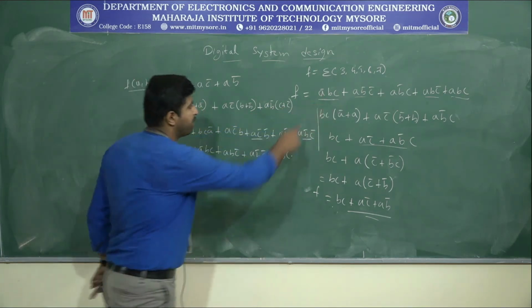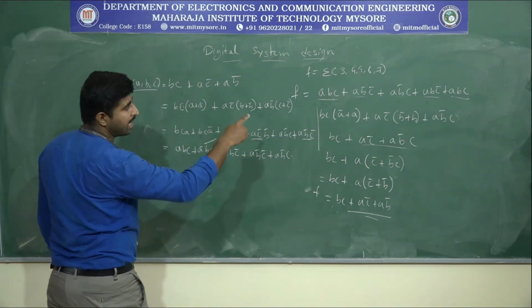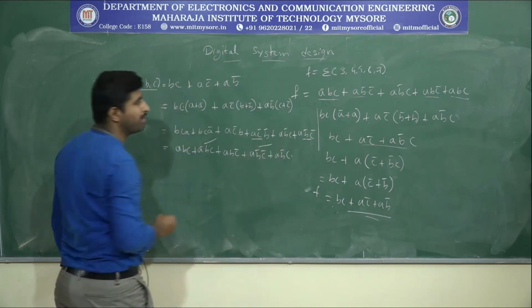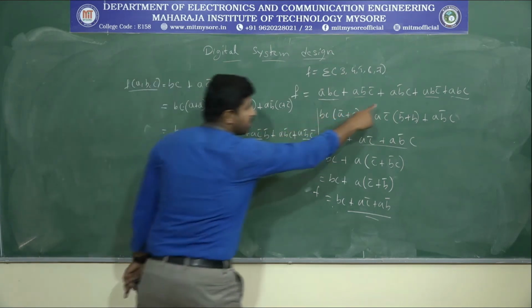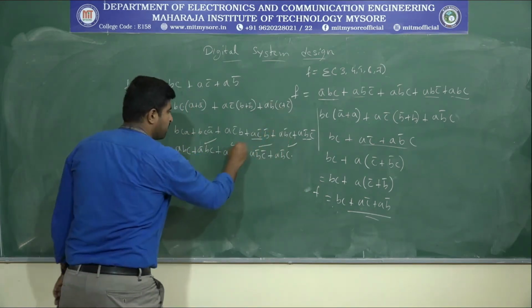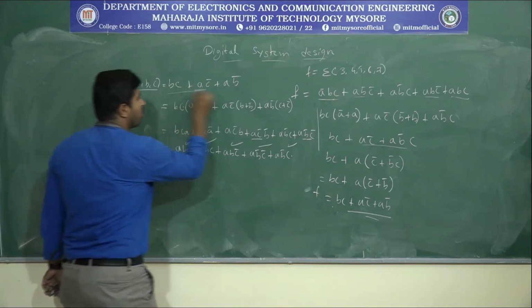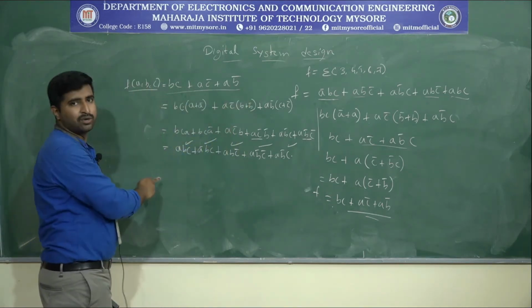So you can see here A bar BC, next A B bar C bar, next A B bar C, next A B C bar, next A B C. So like that we can convert the normal SOP to the canonical SOP.